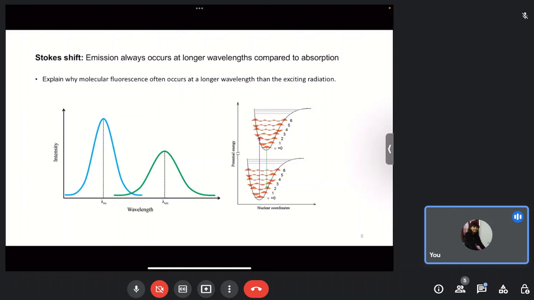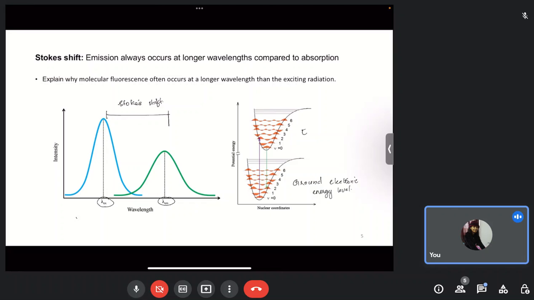Consider the one here being the electronic energy levels of the fluorescent molecule. This is the ground electronic energy level.